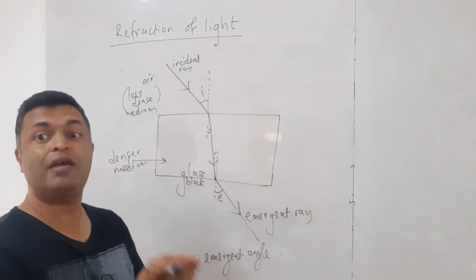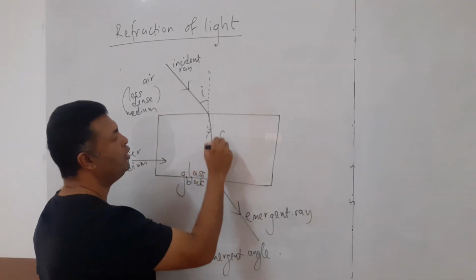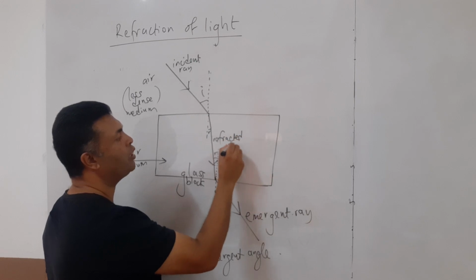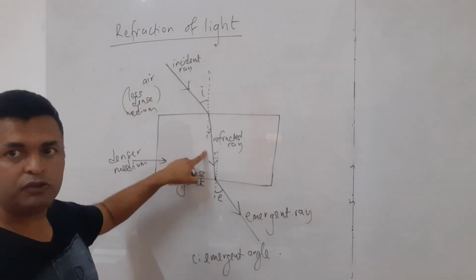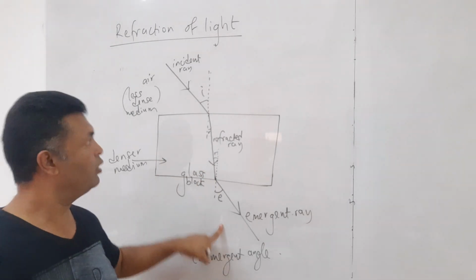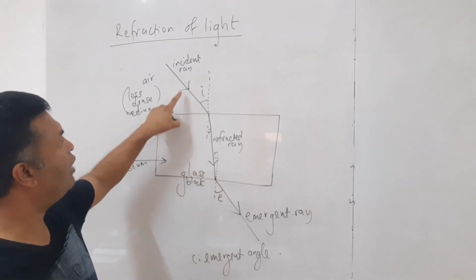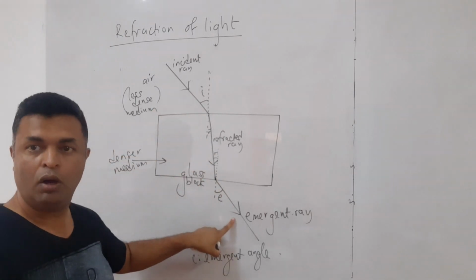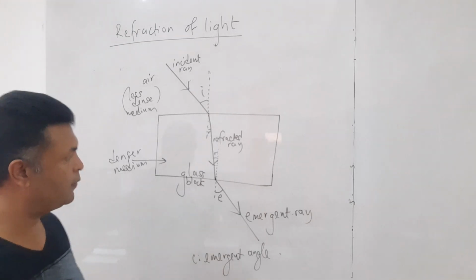They are moving in the same direction, so that's why they should be parallel. This one is called the refracted ray. So you can see here you have the incident ray, the refracted ray, and the emergent ray. These two should be parallel, and all rays of light should have an arrow head. Without these arrows, they are not called rays of light.